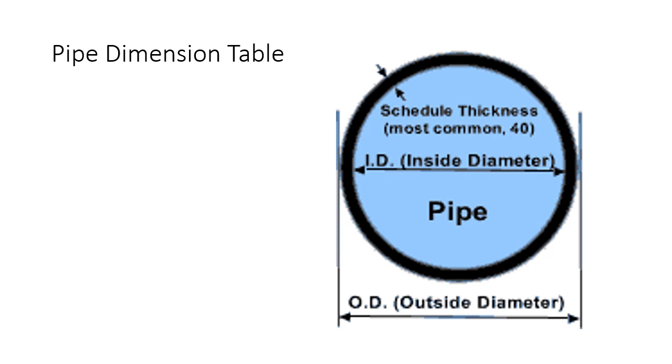So we've got the schedule, which is the thickness, and then the outside diameter is the nominal pipe size. So even though it says 2-inch nominal pipe size, it's 2.375. And then there's going to be a variation on the thickness depending on which schedule we use. The bigger the number, generally the heavier the schedule, the thickness of the wall.